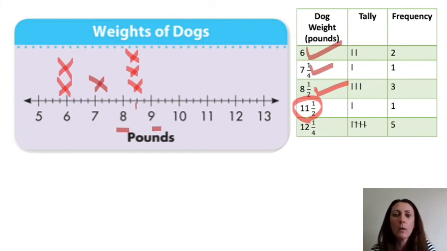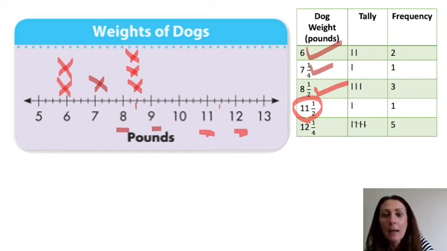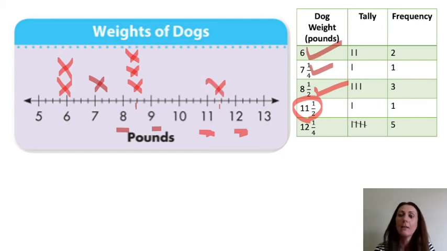Now, also, if you said, I know 11 1/2 is between 11 and 12, and it's that mark right there, you would also be correct. And if you said we need 1x over that, you would also be correct. So we can check that off.